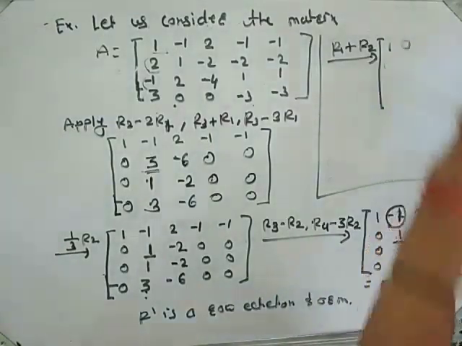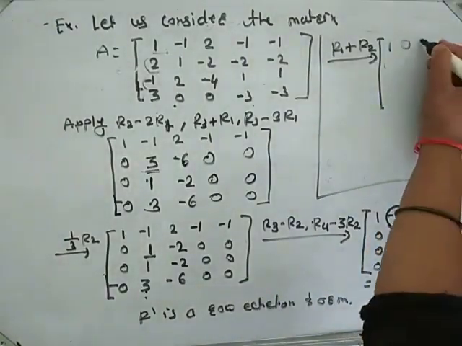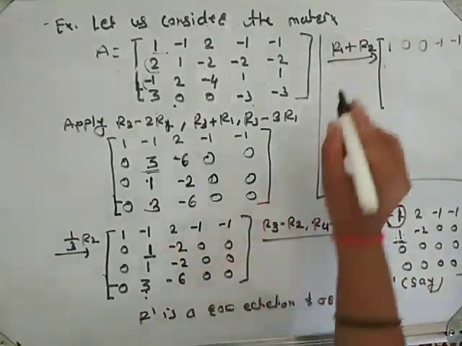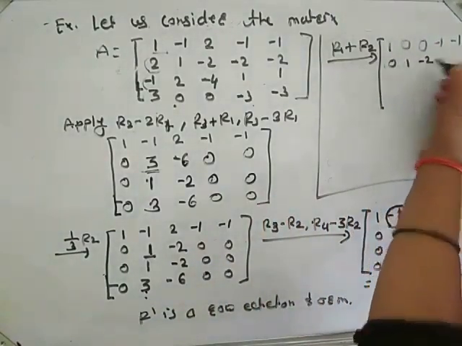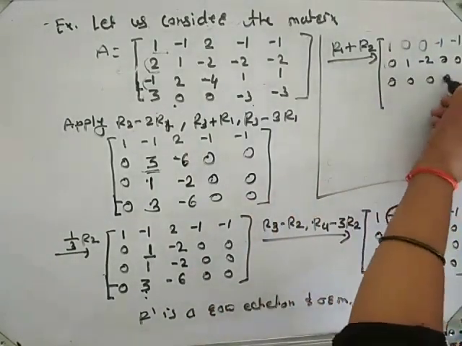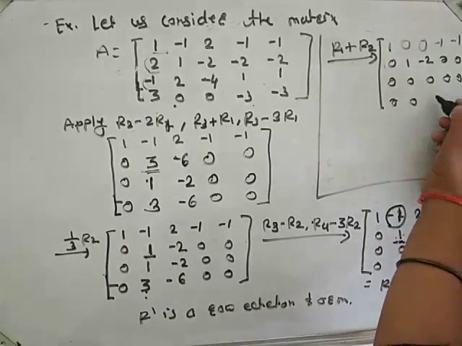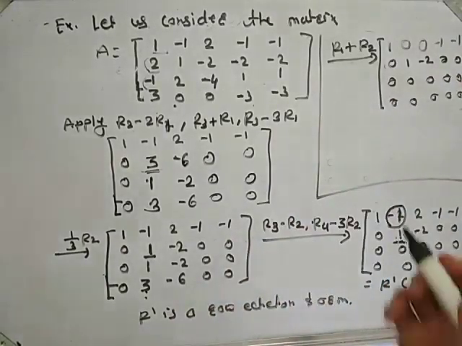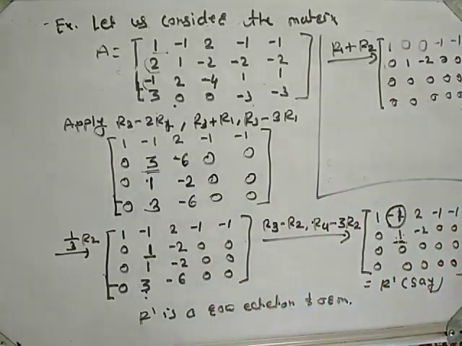Minus 1 plus 1 is 0. 2 minus 2 is 0. Minus 1 plus 0, minus 1, minus 1. And the second row as it is. So 0, 0, 0, 0, 0, 0, 0, 0, 0. Okay. This is the reduced row echelon form of A. This is the reduced row echelon form of A.